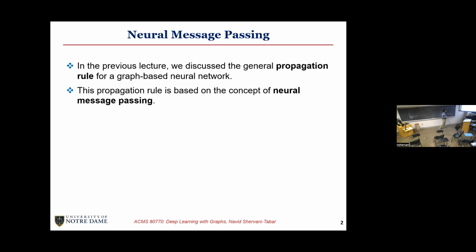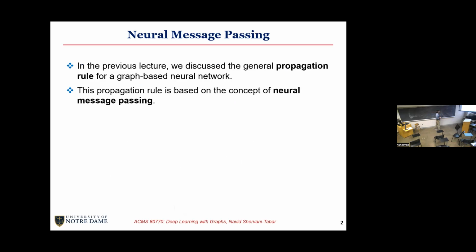So last session, we looked at a general basic propagation rule for graph neural networks. In this propagation rule, we were computing the node embedding. So the idea was that as the input to our graph neural network, we had a graph and the features represented on different nodes in this graph.